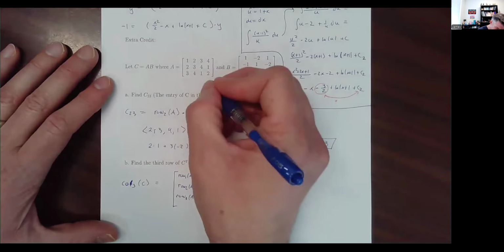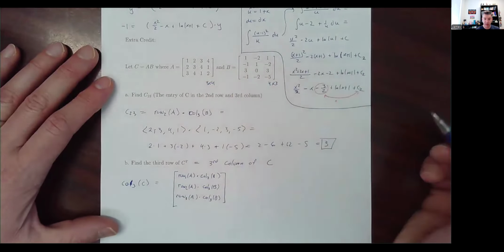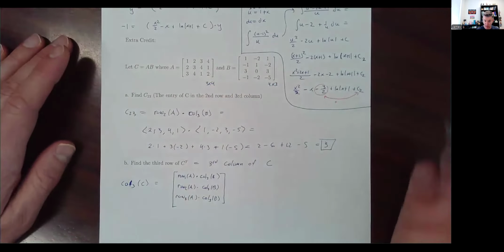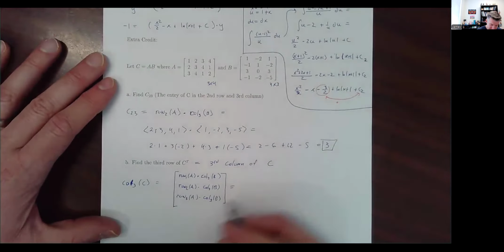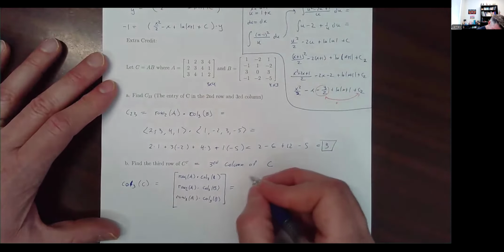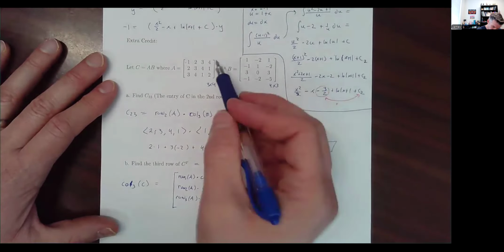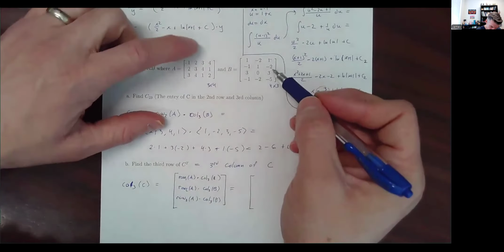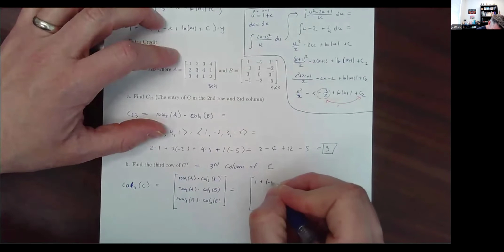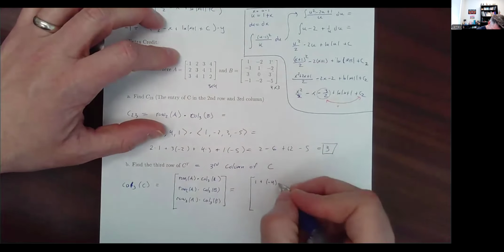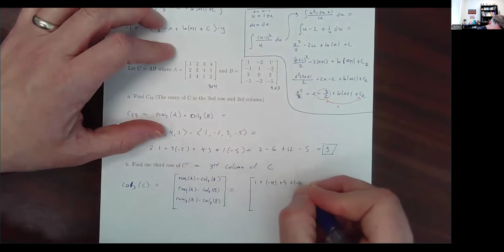Notably, A is a 3 by 4, B is a 4 by 3. When you multiply it all out, you're going to get a 3 by 3 matrix, so the third column should have 3 entries. Here, I'm not going to write out my work because I'm almost out of time. So row 1 of A dotted with column 3 of B is going to be 1 plus, I'll write 1 plus -4 plus 3 times 3 is 9, plus 4 times -5 is -20.